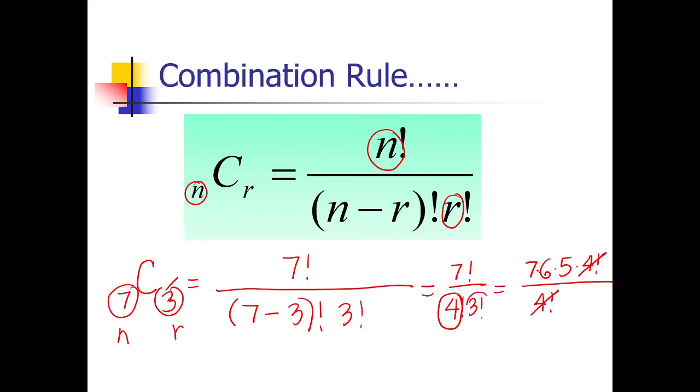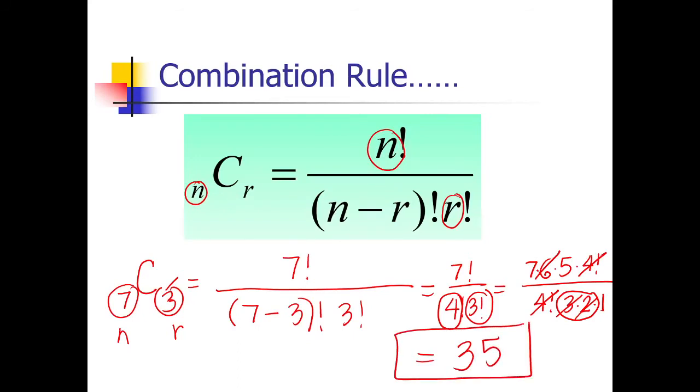But take note, we have 3 factorial. Let's simplify: 3 times 2 times 1. What is 3 times 2? That is 6. Makancel ang 6 ug 3 times 2. And what is left is how much? 35.